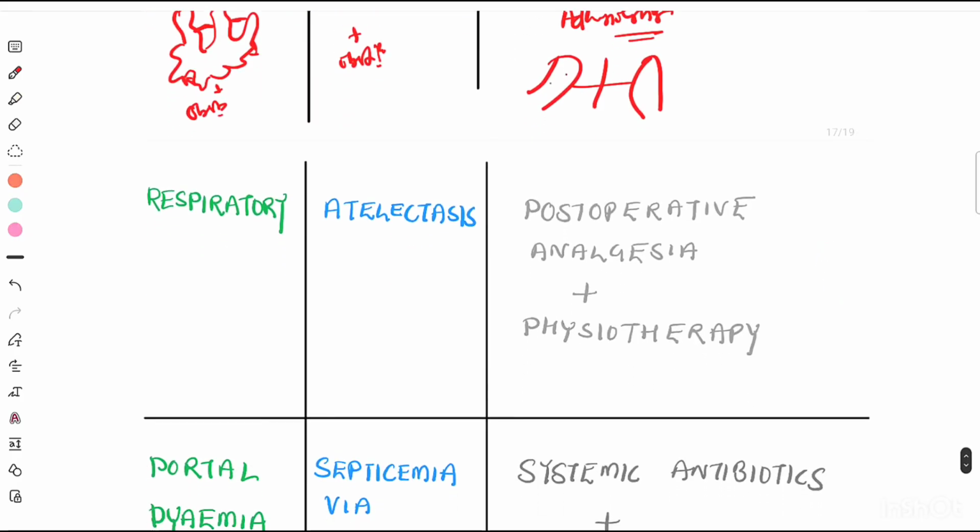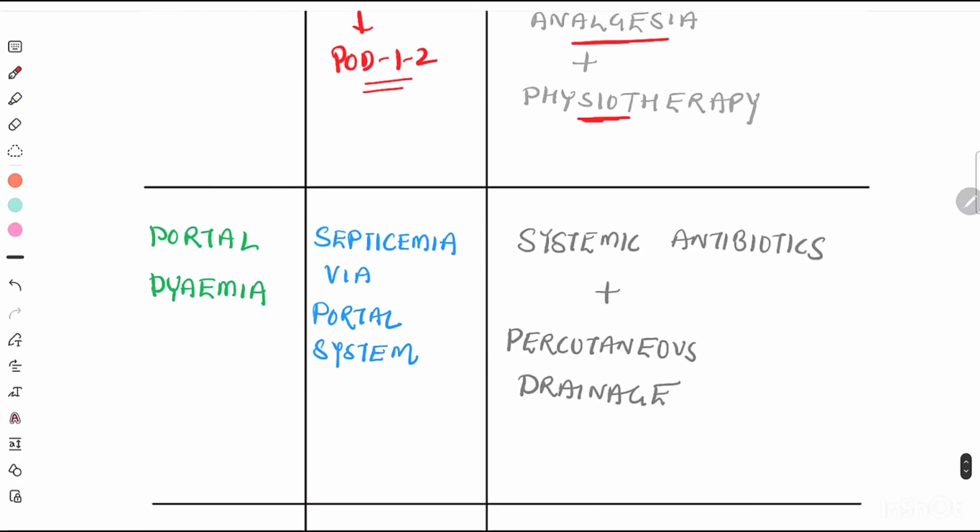And there can be a respiratory complication, atelectasis, which happens around post-operative day 1 or 2. In this we are going to give chest physiotherapy and proper analgesia. And there can be a risk of portal pyemia. The infection from the abdomen can travel via the portal vein into the liver, and this is known as portal pyemia.